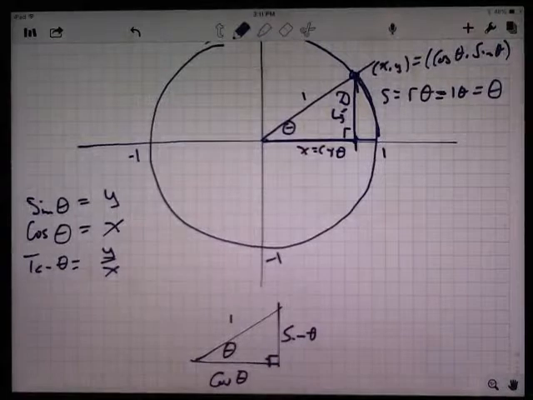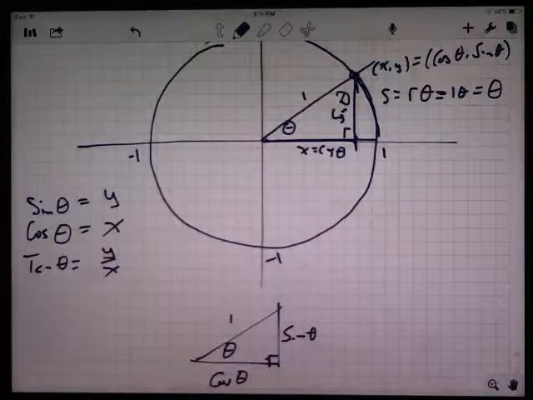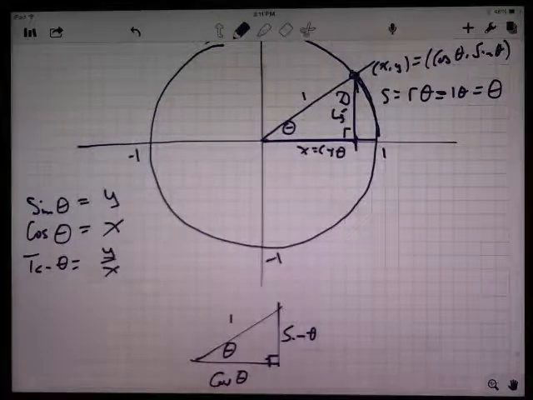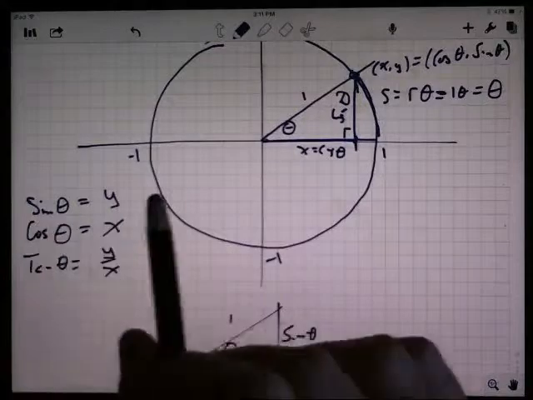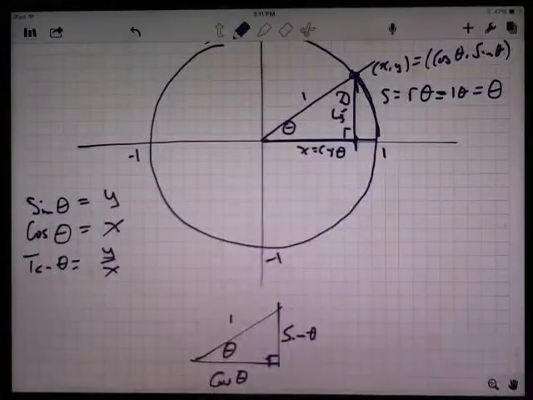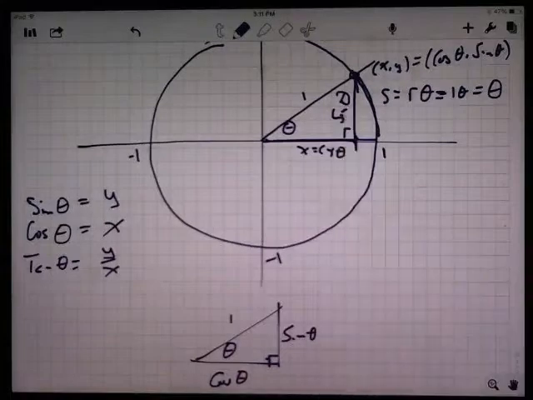Okay. We will use this circle in a bunch of ways, but not as a definition, right? We know that the sine of theta is y because opposite divided by 1 should be the sine of theta. So that's got to be sine theta, and so on.